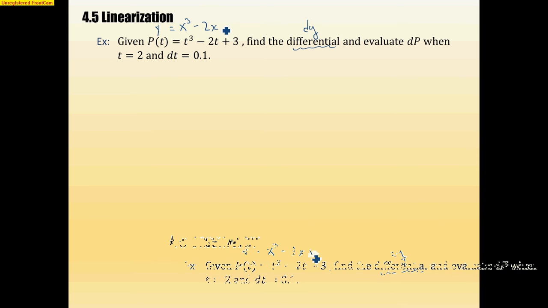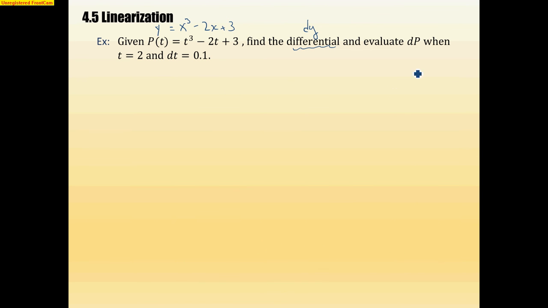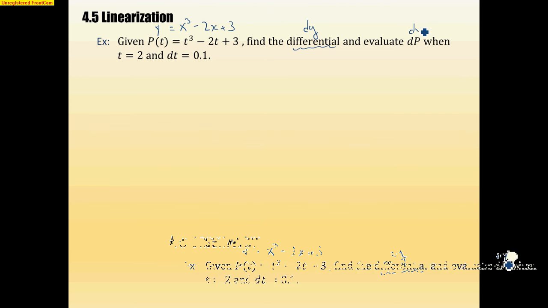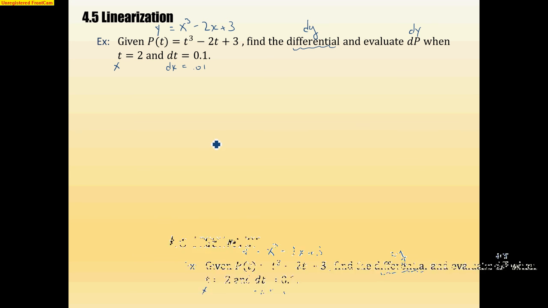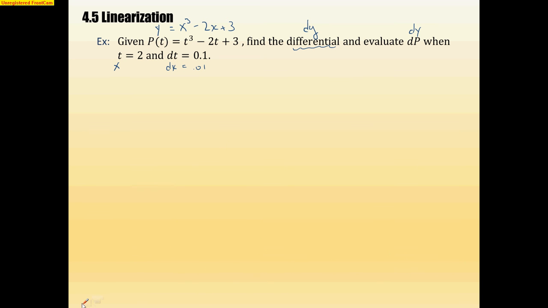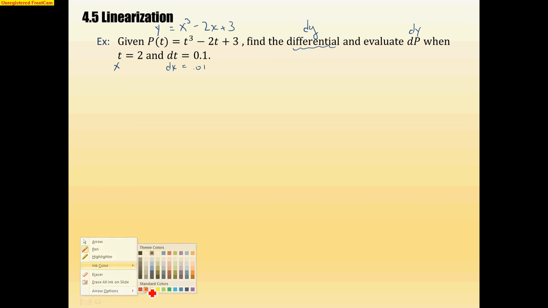So evaluate dy when x is equal to 2 and the small change in x is 0.01. Go ahead and use the p's if you like, but I think sometimes it's nice just to use your standard x and y's when you're first doing this.